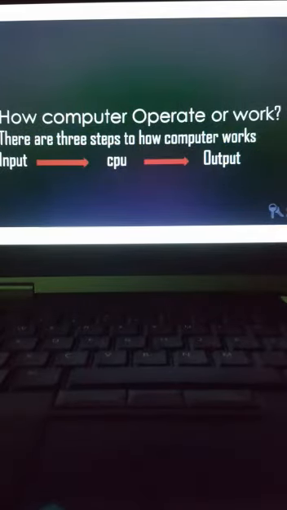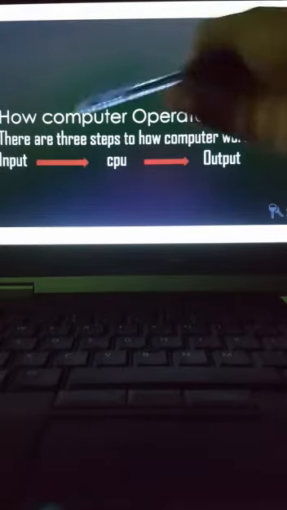What is input and how does it work? Input is when you input your data through your keyboard. CPU means central processing unit, where you save data and process data, and the output is where you can see all your programs and all your work together on your monitor screen.